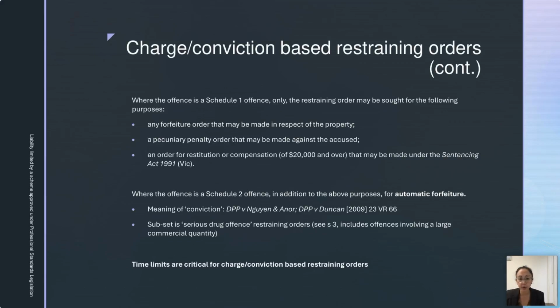Those types of restraining orders are increasingly common, where there are Schedule 1 offences and property is restrained in order for its use to satisfy any restitution or compensation order that might later be made.